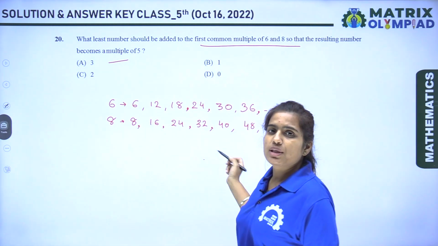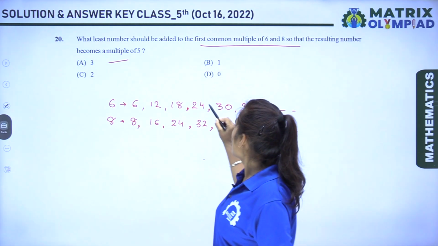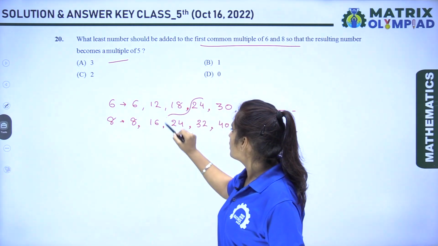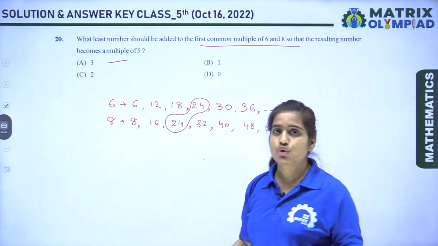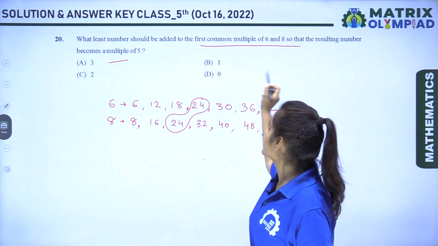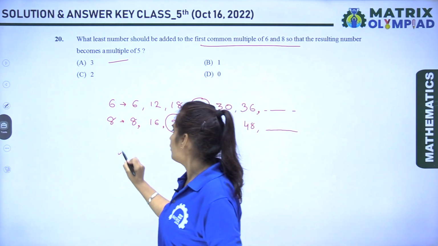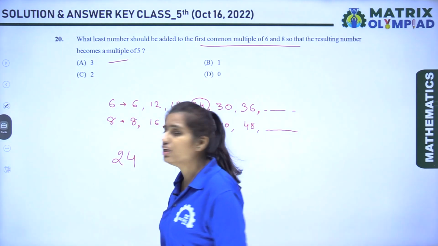So these are the multiples of 6 and 8. Let's begin with the common multiple, that is 24. So 24 is the least common multiple of 6 and 8.